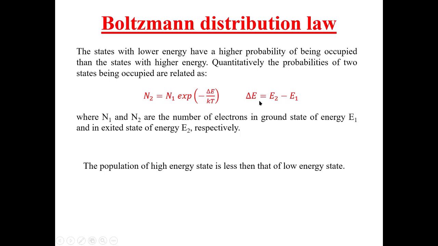Here delta E is E2 minus E1, and N2 and N1 are the number of electrons in the excited state and ground state respectively. So this delta E is positive and exponential minus delta E by kT will always be less than 1. So N2 is always less than N1. Or in other words, the population of the high energy state is less than that of the lower energy state.